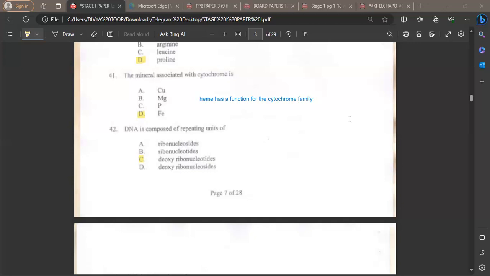So cytochrome A3 contains both iron and copper. What it does, it picks the iron's electron and passes it to the copper. So I think the most appropriate answer is iron. Iron, yeah.